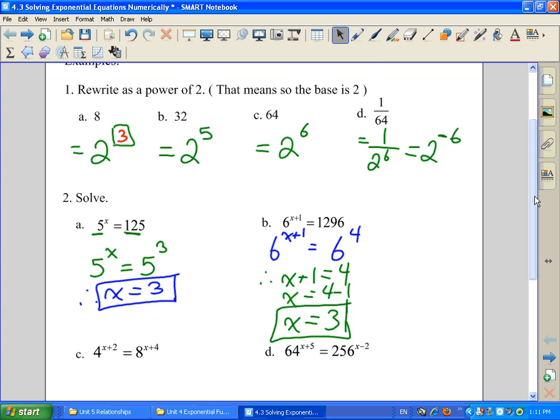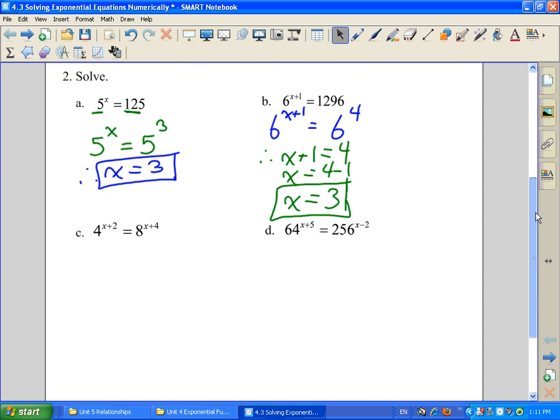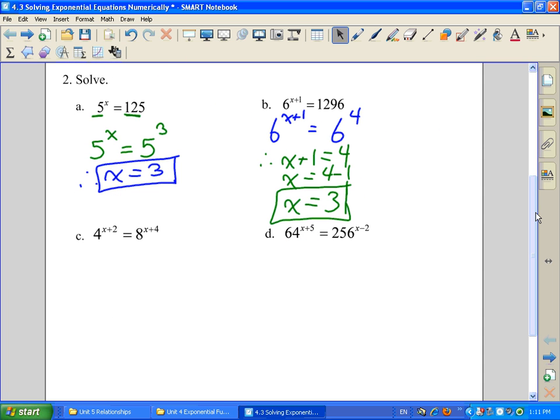Hope so. Now we're going to deal with some harder ones here. Okay. Looking at this expression, folks, we've got a 4 and an 8. Can we make 8 be a base of 4? No, so we need to find another value that we can have both the bases of 4 and 8 be represented, and that base is 2.